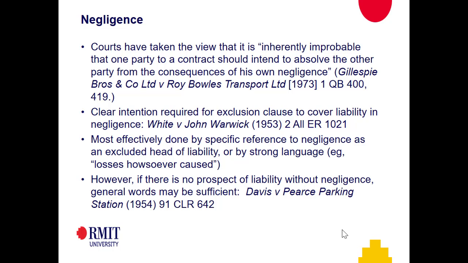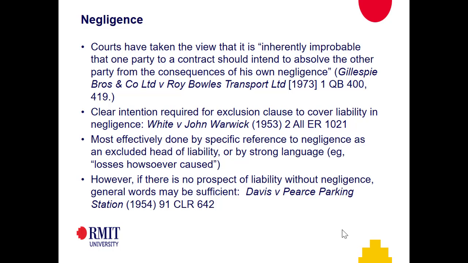The most effective way to do it when you're drafting is to use specific language, to specifically refer to the potential for negligence and be clear that that is included in the scope of the term itself. But if there's no prospect of liability without negligence, general words themselves might be sufficient.